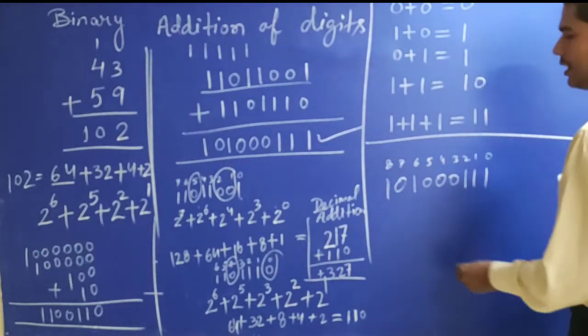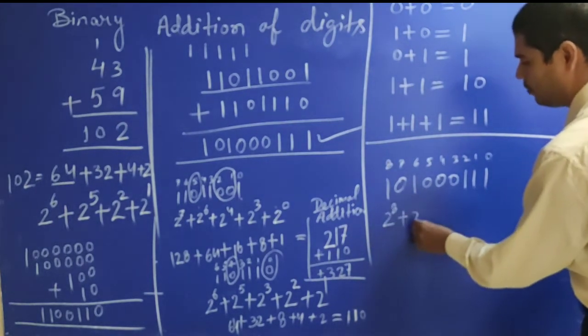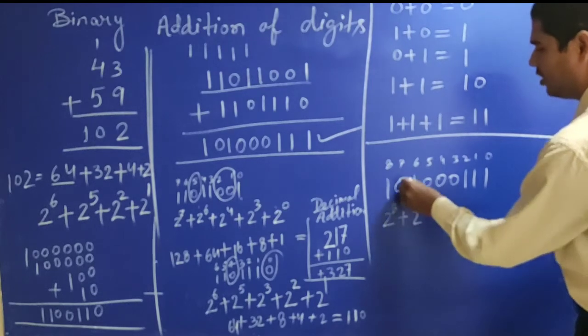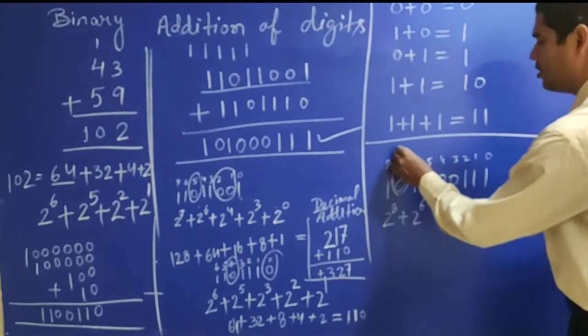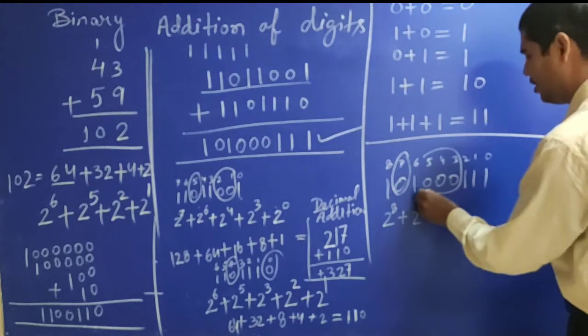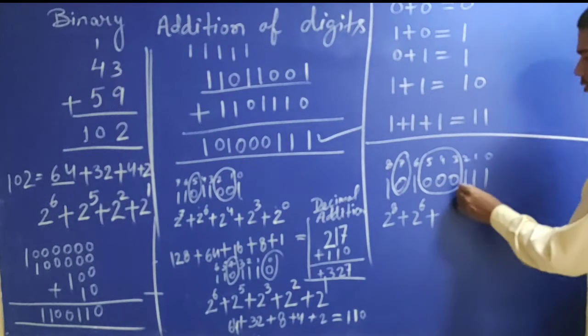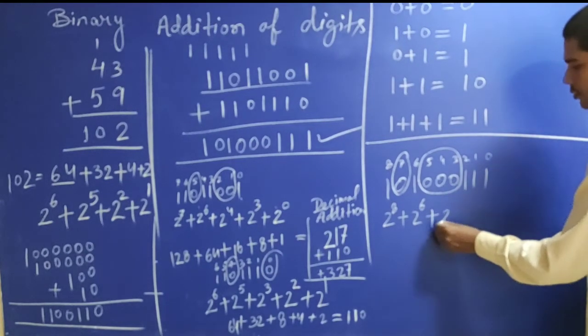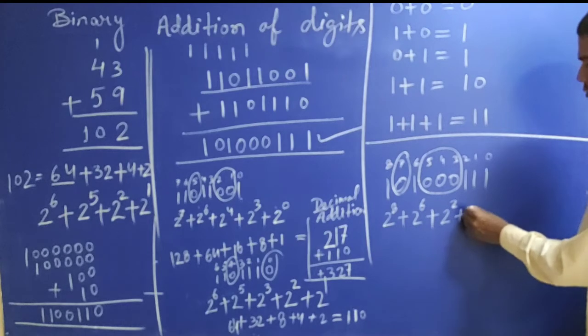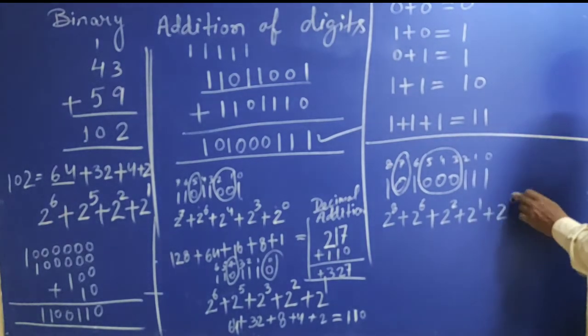Now we will calculate the value: 2 to the power 8 plus 2 to the power 6. I am not adding the other positions because they will become 0. Then 2 to the power 2 plus 2 to the power 1 plus 2 to the power 0.